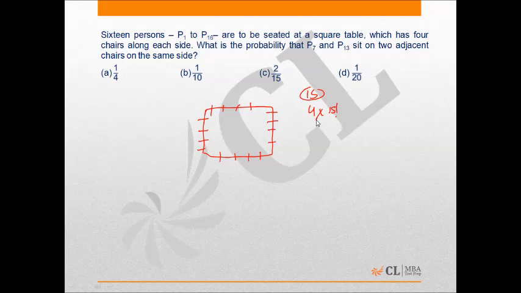Now we have to find in how many ways two persons can sit adjacent to each other on the same side. If P7 sits there, P13 can sit there, or P13 can sit there, P7 here.